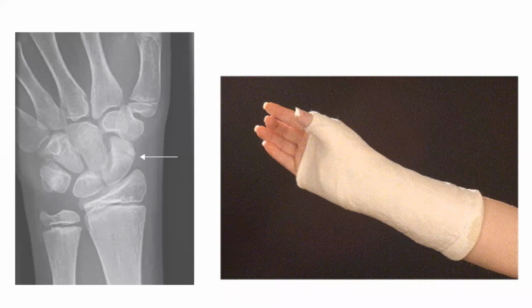What is the history of this patient normally? The history will be a fall on an outstretched hand with a hyperextended and radially deviated wrist. The patient comes with pain, tenderness and swelling. How do you suspect it? The patient presents with pain and swelling in the anatomical snuff box.